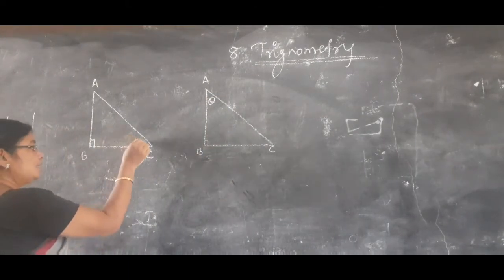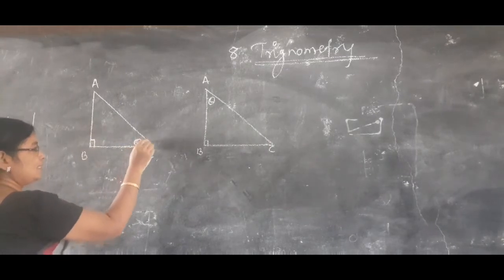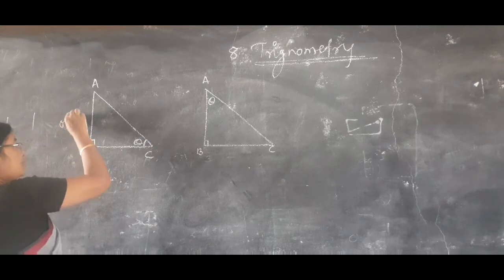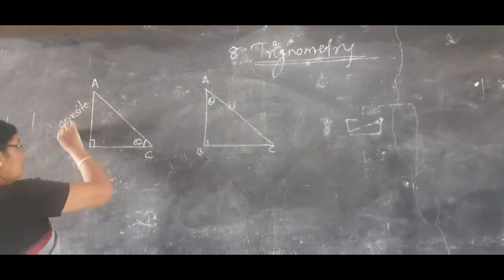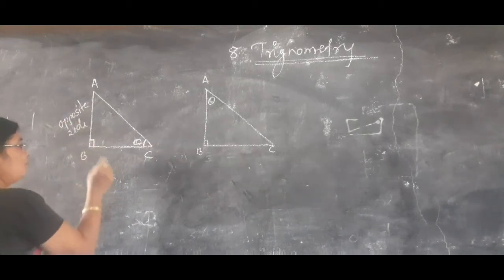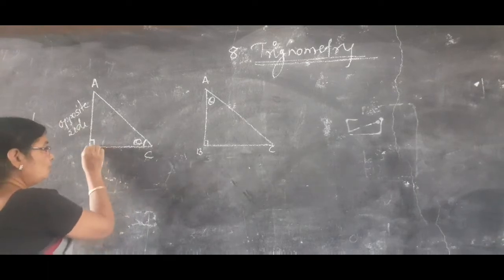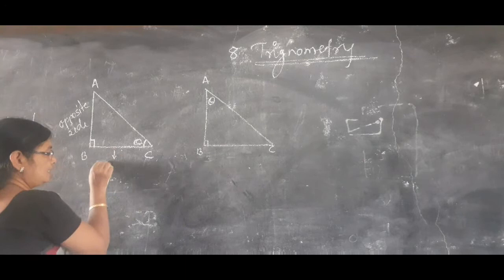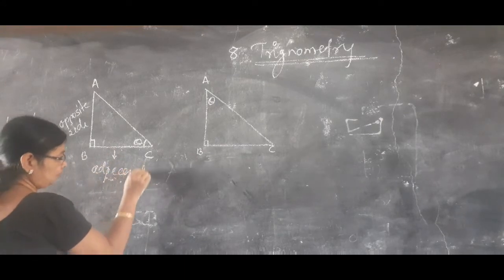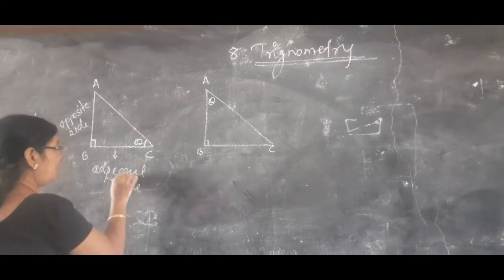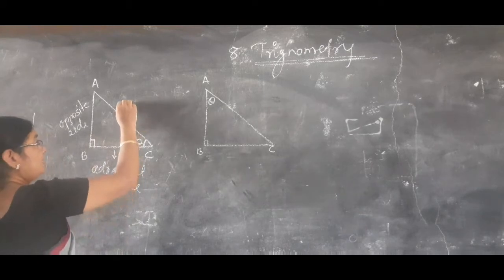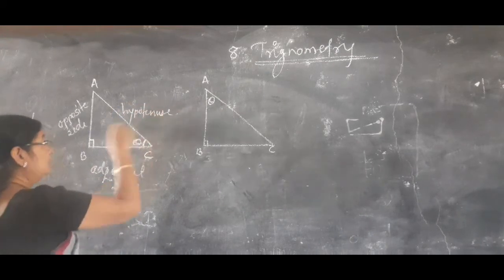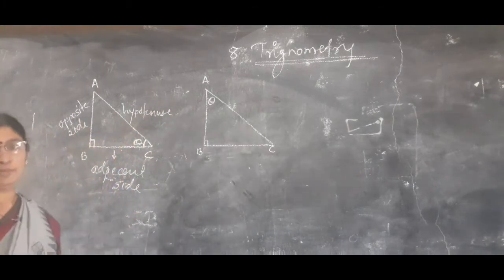Now the side opposite to angle C, that is theta, is your opposite side. And the side on which that angle lies is your adjacent side. And the side opposite to the right angle, what is it? Hypotenuse. These three terms are very important.